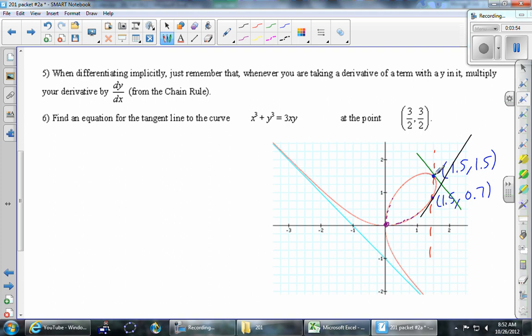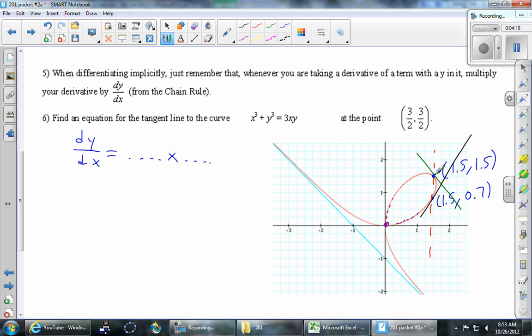So the goal of today is to be able to find the slopes of tangent lines, even when the thing is not a function, all right? That's the goal. And so what that means is that we're used to writing dy/dx equals, and then there'll be something with lots of x's in it, right? That's my way of writing formally, something with lots of x's. Could that be the case for this curve right here?